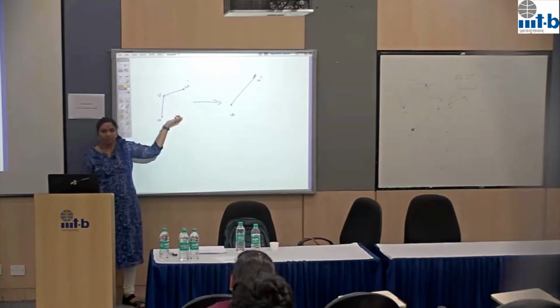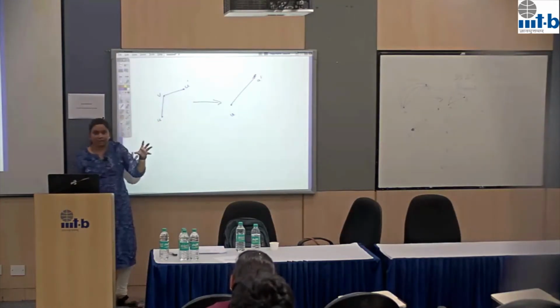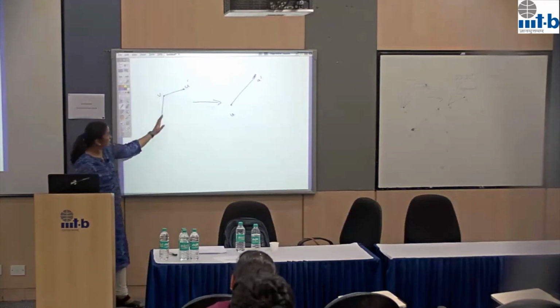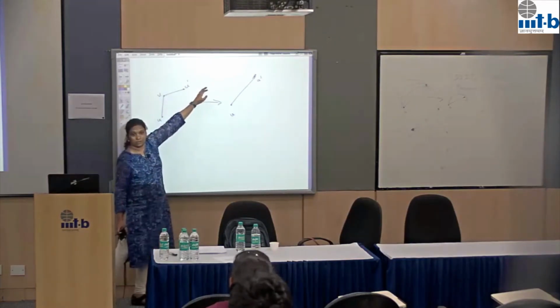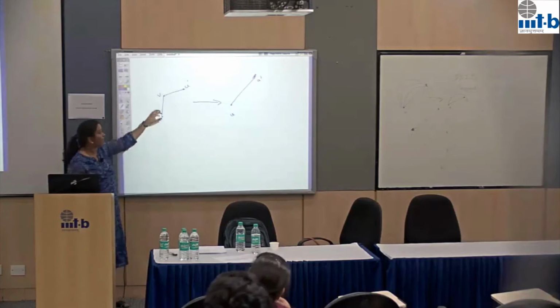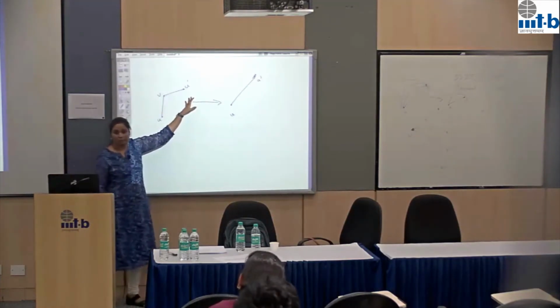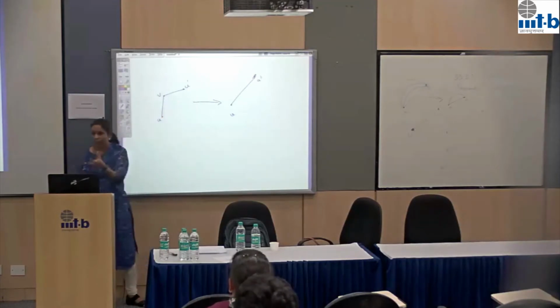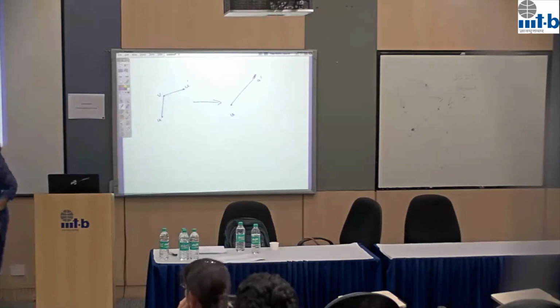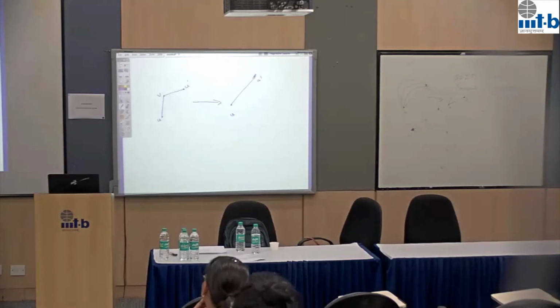Because V is of degree 2, any cycle through V must come in by one edge and go out by the other. So any cycle that contains V will contain U as well as U prime. So you are not deleting any cycle essentially.